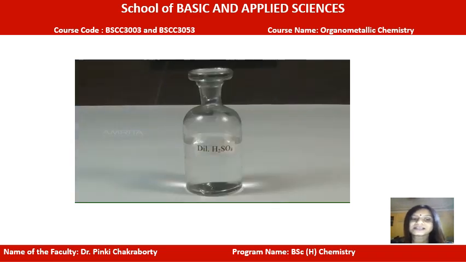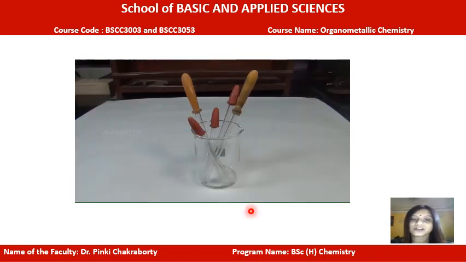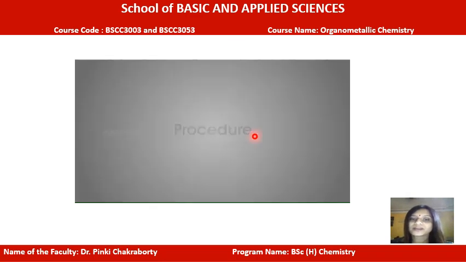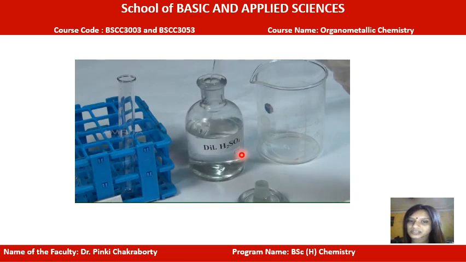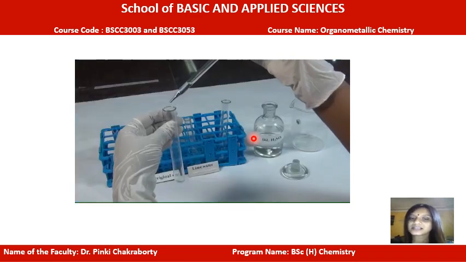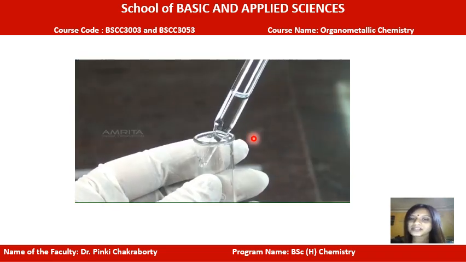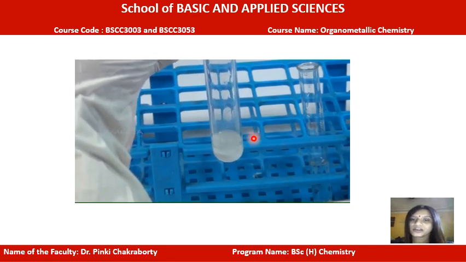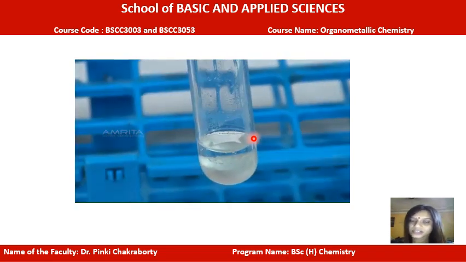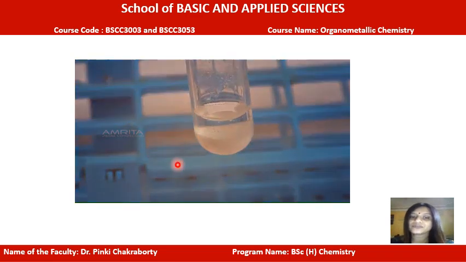Next is the dilute sulfuric acid test. The materials required are the original salt, lime water and dilute sulfuric acid. In the test tube, we first take the solid salt, then add dilute sulfuric acid.